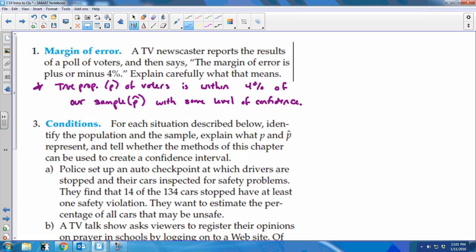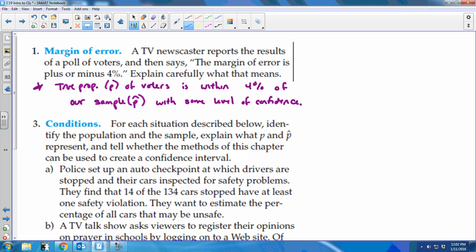All right. Number 3. It says for each situation described below, identify the population and the sample, explain what P and P hat represent, and tell whether the methods of this chapter can be used to create a confidence interval. You need to identify the population that they're talking about and the sample that they're talking about.